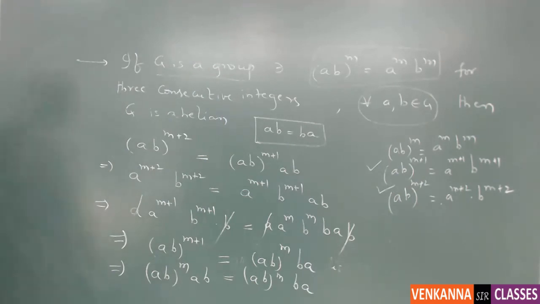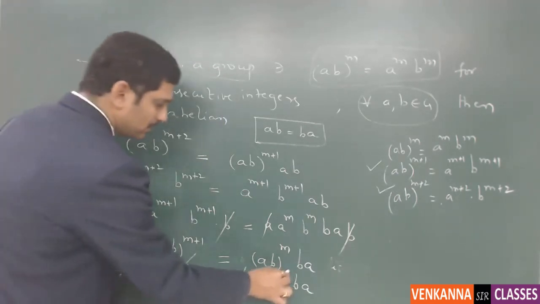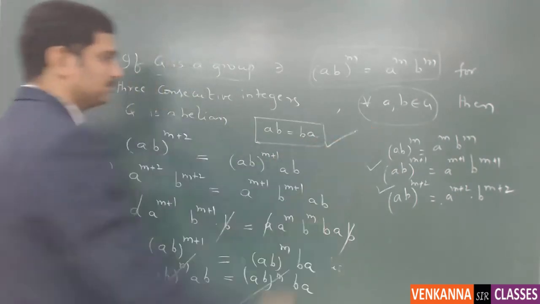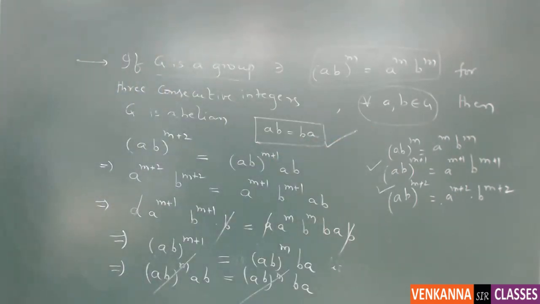Applying the cancellation law again, (AB)^m gets cancelled and we get this relation. Therefore AB is equal to BA is satisfied, hence G is an abelian group. Please take a note of this. It is just like logically arranging the values to get the required solution. After noting, please tell. If you have any confusion, you can ask.